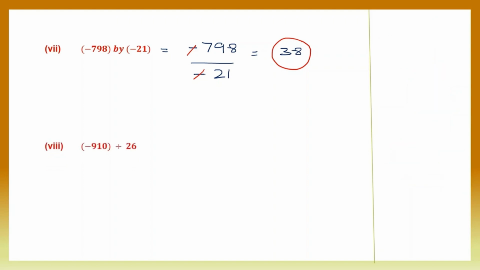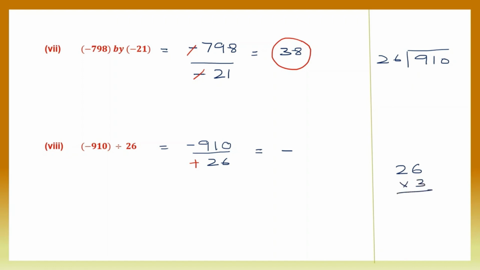Question 8. Let's divide minus 910 by 26. 910 has a minus sign, 26 does not have, so it's understood it is plus. Now the signs are different, so our answer is negative. Now we have to divide 910 by 26. So let's do that division. Now we need to get a number close to 91. So let's try 26 into 3. 3 6s are 18, carry 1. 3 2s are 6 plus 1, 7. Let's use this. So 26 into 3 is 78.